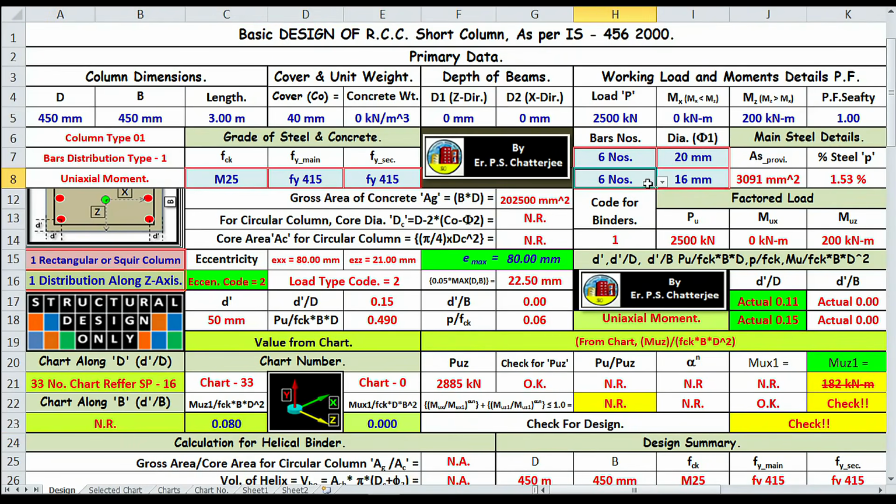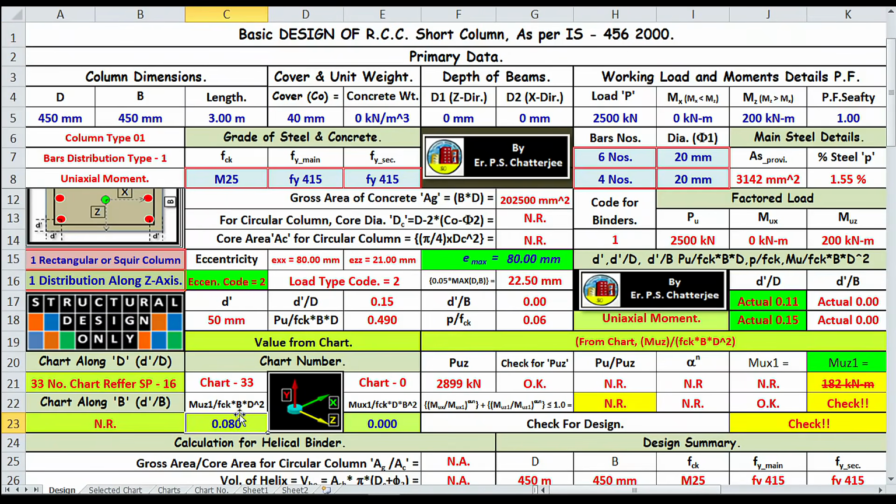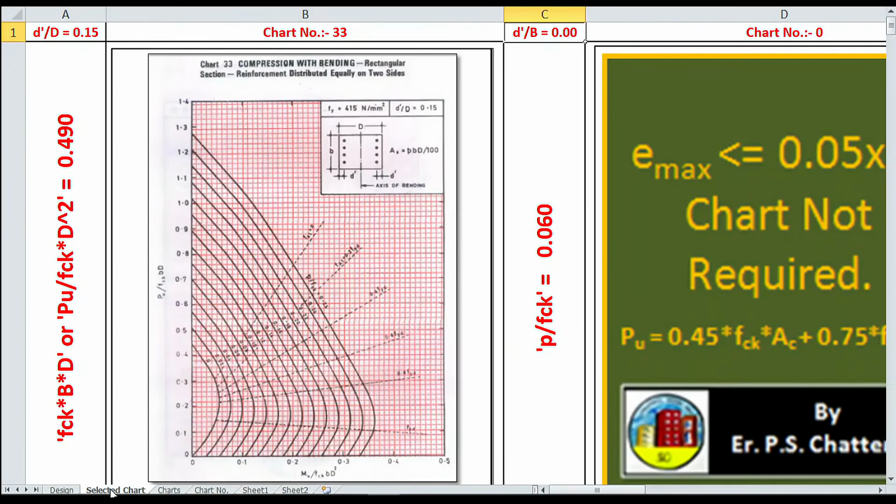Once again, 4 number 20, 1.55%, 0.6 and 4.490. 0.09 required value as per chart. 0.495, that is 0.5 and 0.6.